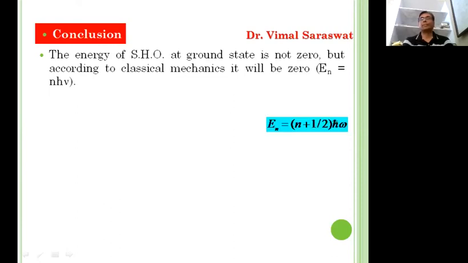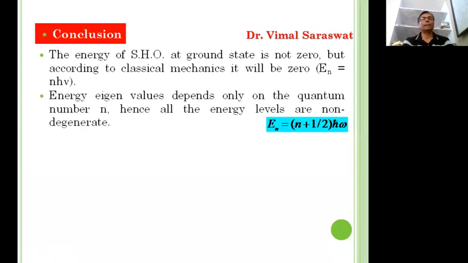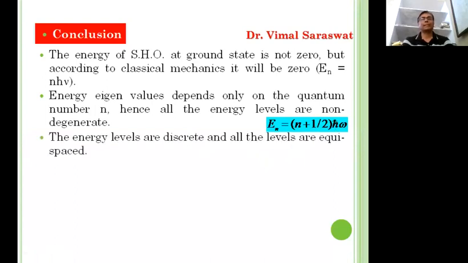Since En is equal to (n plus half) ħω, the energy eigenvalues depend only on the quantum number n, because here the only variable quantity is n; ħ and ω are constants. The energy levels are discrete and all the levels are equispaced, because if we substitute n is equal to 0, then E0 is equal to half ħω.